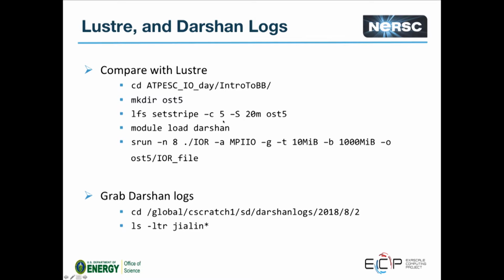For example, here I want 5 OSTs. Why 5 OSTs? Because I want a fair comparison with what I'm doing on burst buffer. If I request 100 gigabytes, I get 5 burst buffer nodes. So I want to have 5 OSTs on Lustre. So it is a relatively fair comparison, but it is not exactly fair.